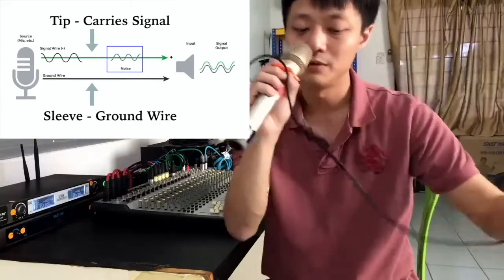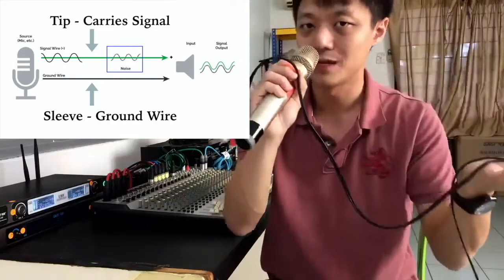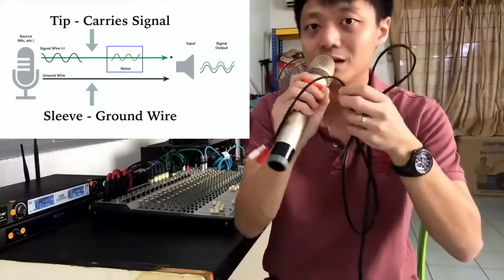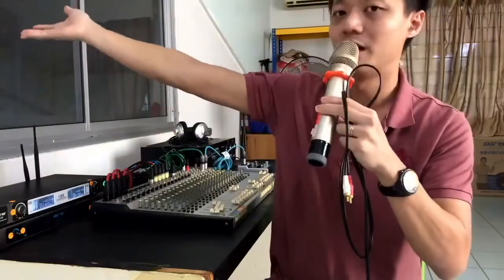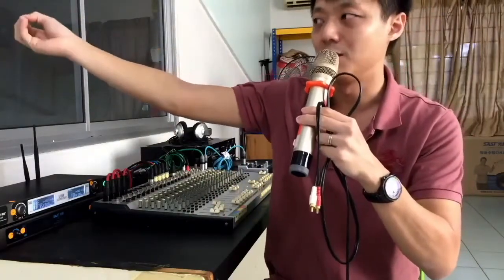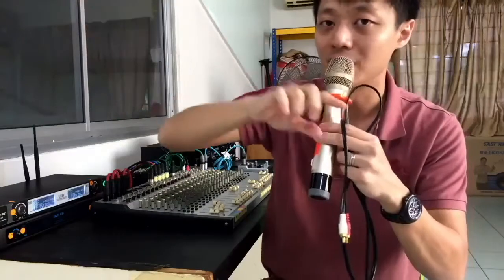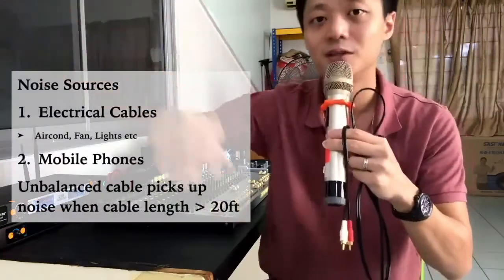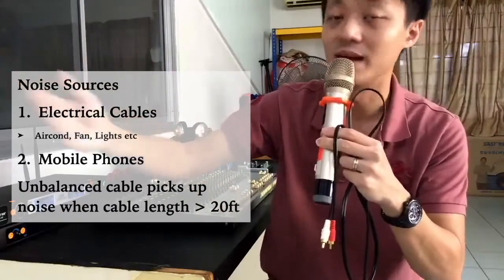So if you use an unbalanced signal to carry the audio signal from the stage, for example down there on our stage, to carry a signal from, let's say, the piano all the way up, you run the audio cable beside an electrical cable for the aircon or the electrical cable for the fan, for example.